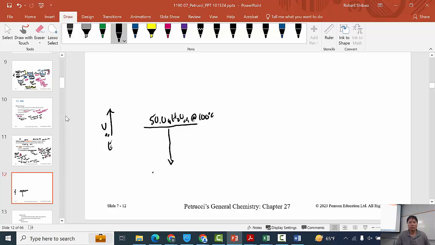And so I'm going to get 50.0 grams of H2O liquid at 25 degrees C.